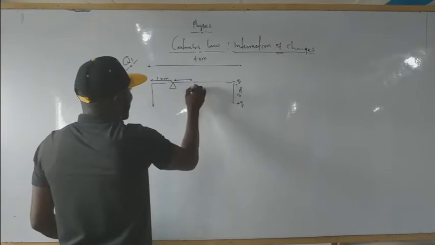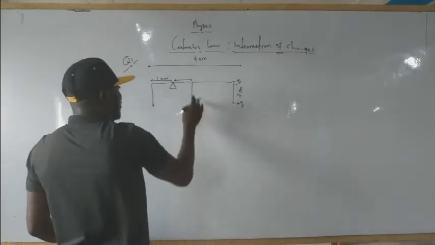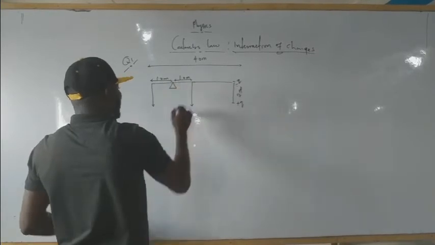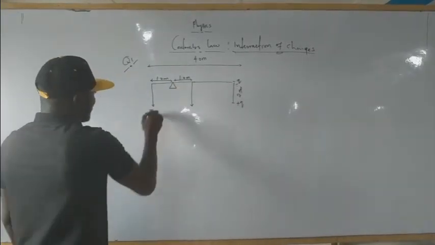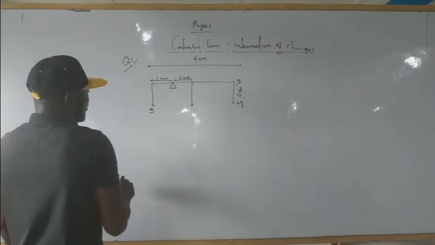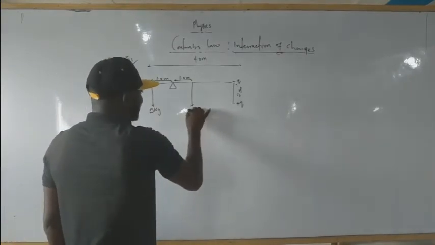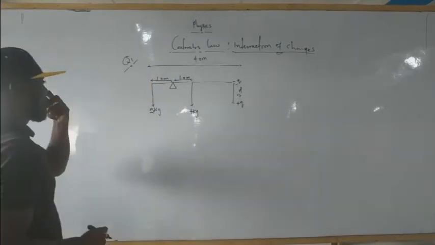So from here to another weight, that's also 1.0 meter. This is 5 kg. So why this is 4 kg? Okay. So what do we have to find?